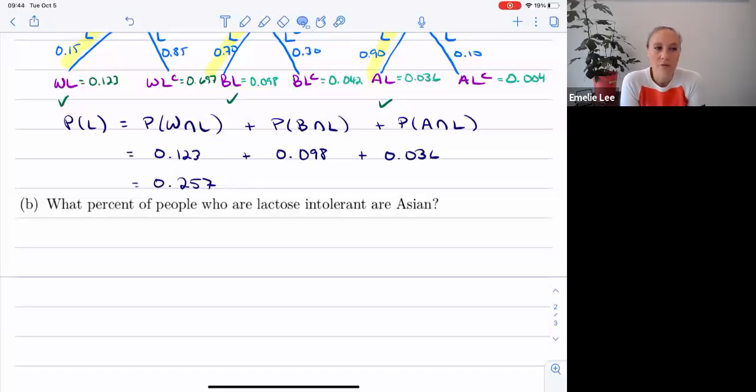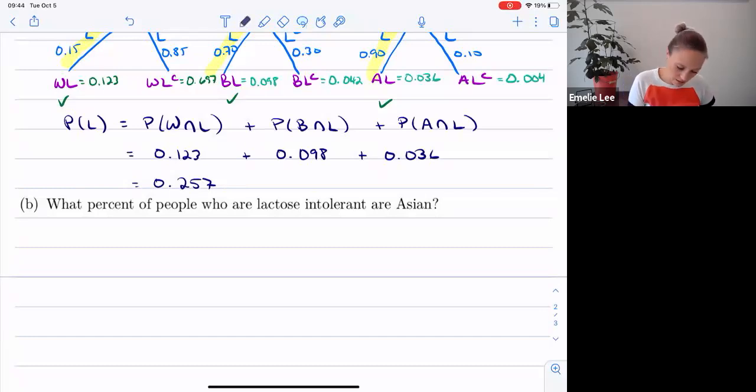So what percent of people who are lactose intolerant are Asian? This is going to be: if they are lactose intolerant, what's the probability that they're Asian?